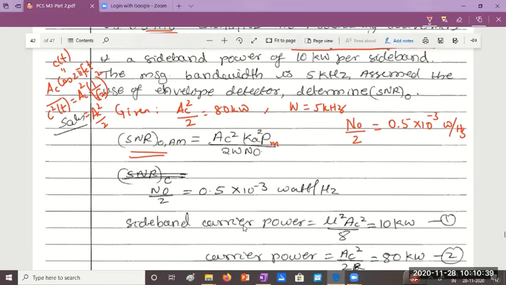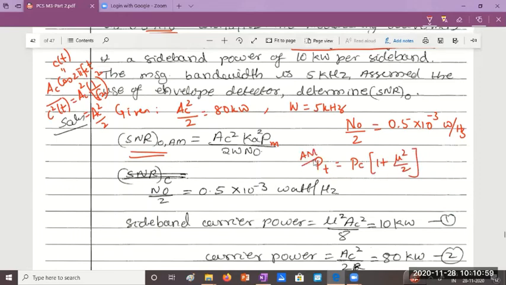Sideband power will be how much? Remember, in a standard AM signal, the total power of AM is, do you remember the equation? Carrier power into 1 plus mu square by 2. Yes or no?